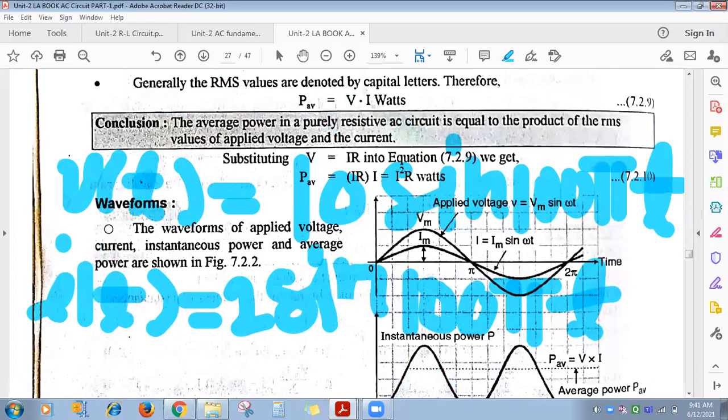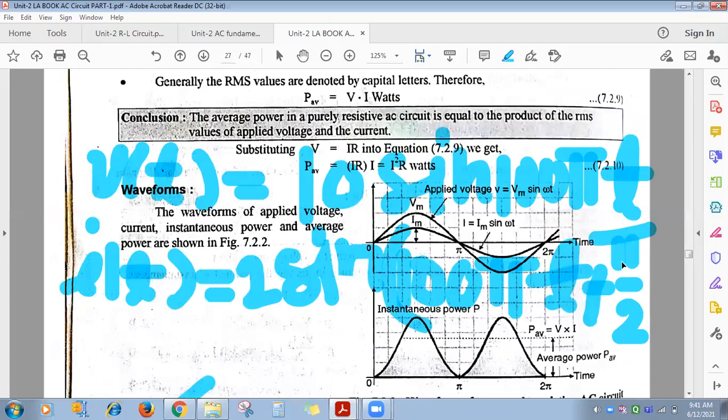now suppose V of t is 10 sine of 100 pi t given to you and I of t is 2 sine of 100 pi t plus pi by 2 is given. So what will it be? Purely capacitive circuit. Very good.